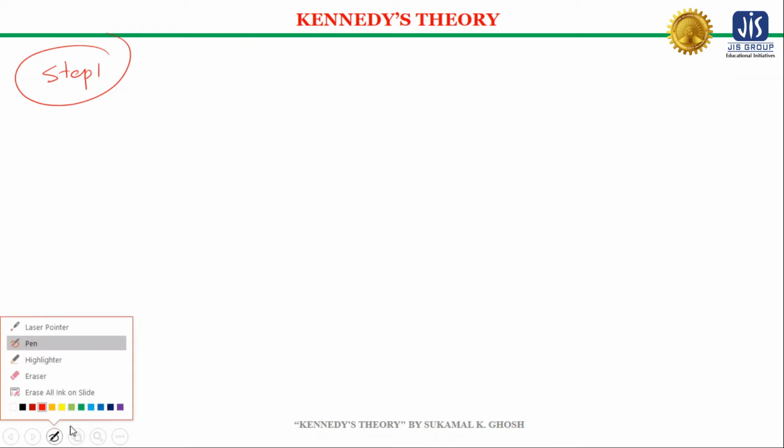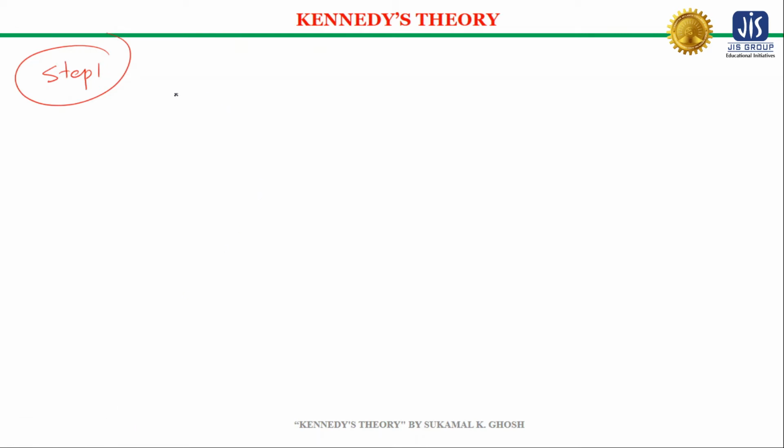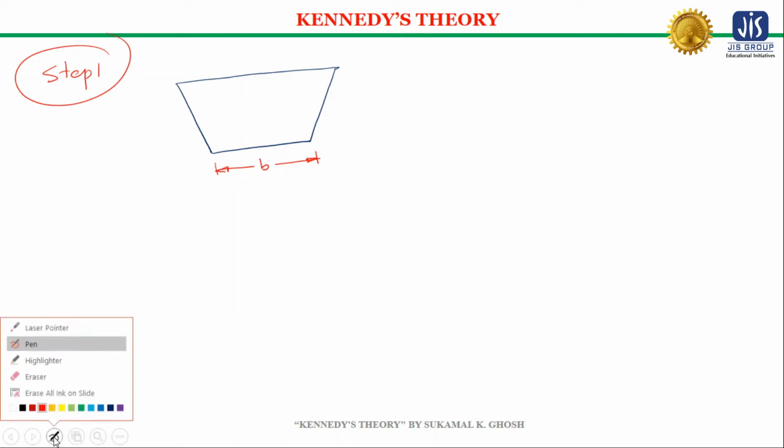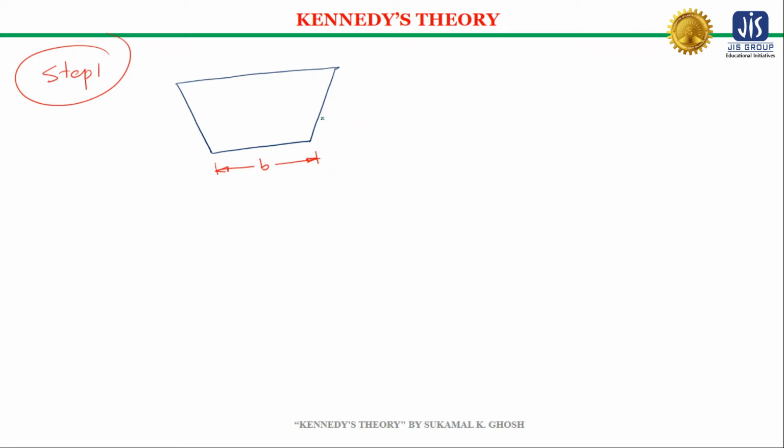So suppose this is our channel cross section, actually a trapezoidal cross section. The bed width is suppose b, the same as we considered for the last problem, and the side slope is 1/2 horizontal and 1 vertical, right?